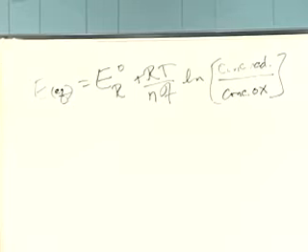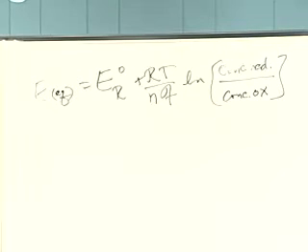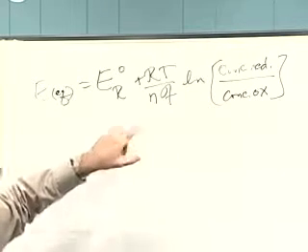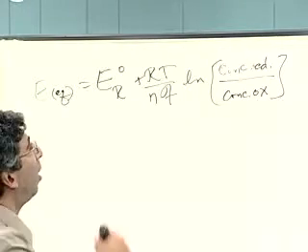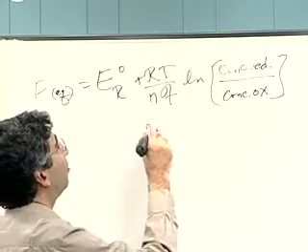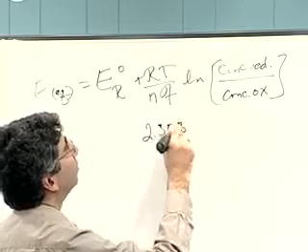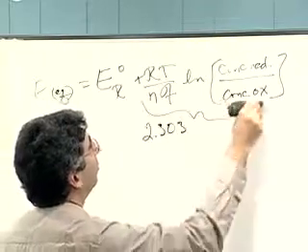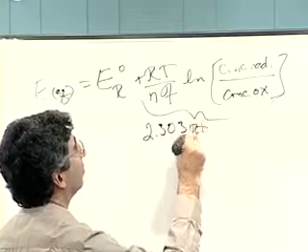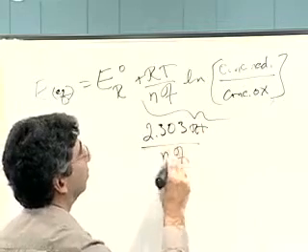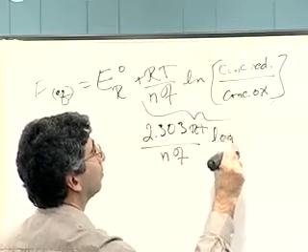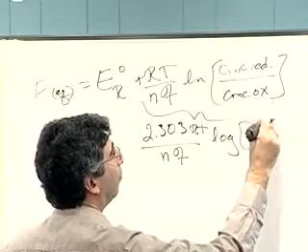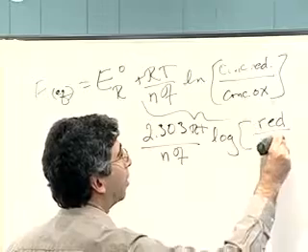And let me just remind you, when Nernst wrote this down originally, he didn't use a natural logarithm. He used a base 10 log, so you have to throw in a factor of 2.3, times the logarithm of red over ox.